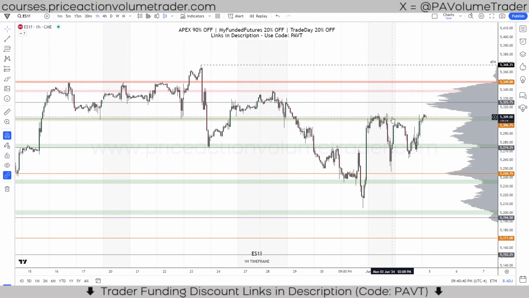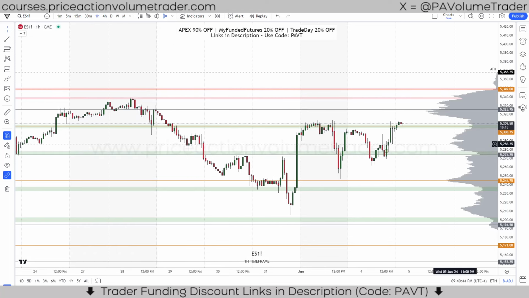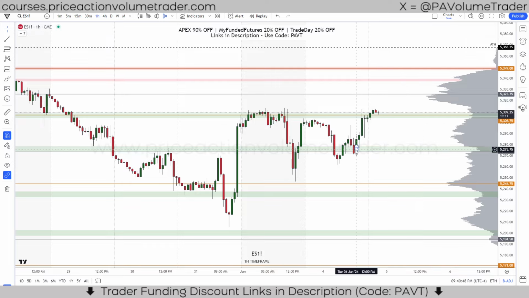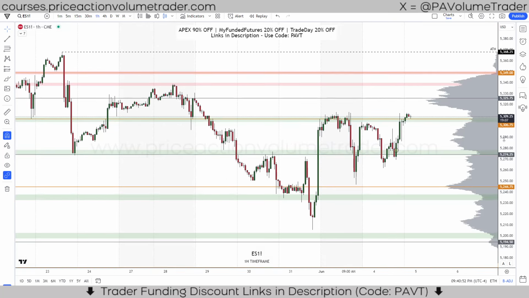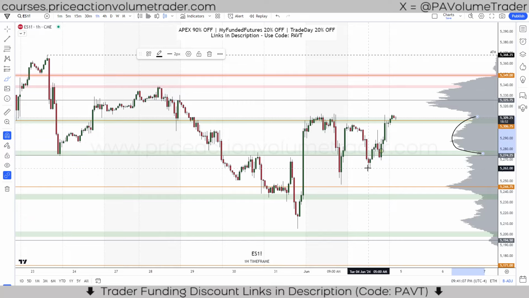Okay, so here in the S&P 500 chart, I'm going to focus on a good signal that we had today. This was on Tuesday, June 4th. And you can see, if you look over the longer term volume profile that I have here, we have this very nice high volume node forming, and you can see the market at the beginning of the day.